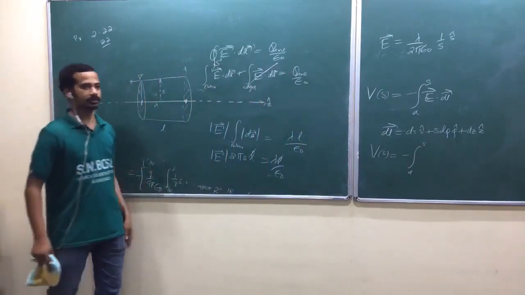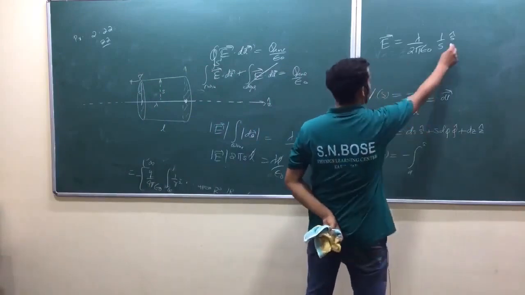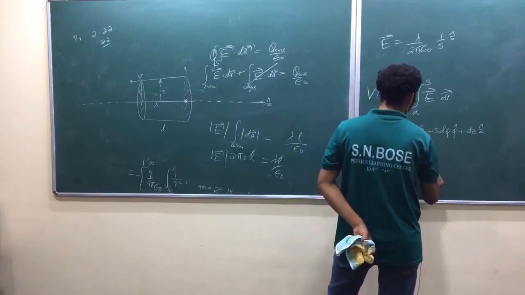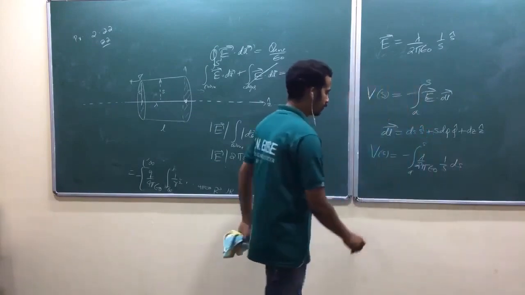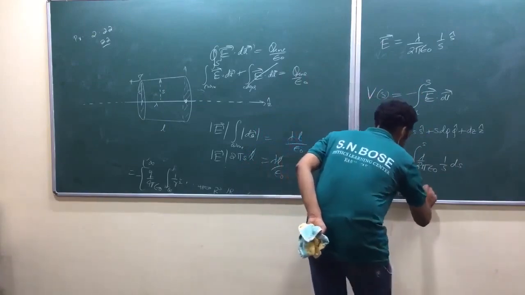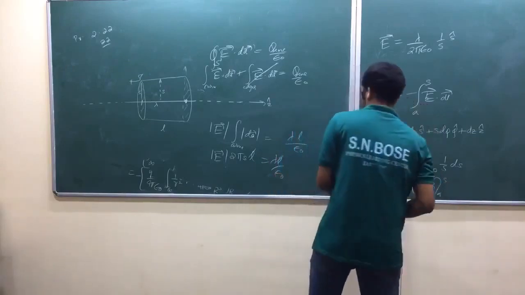That is the symmetry actually. Now, if you take the dot product S cap dot S cap, what would you get? Minus lambda by 2 pi epsilon naught, 1 by S into ds. So minus lambda by 2 pi epsilon naught, log S running from A to S.